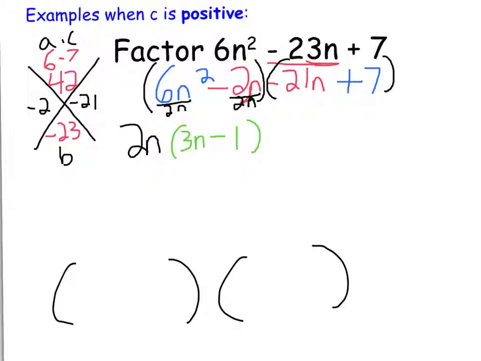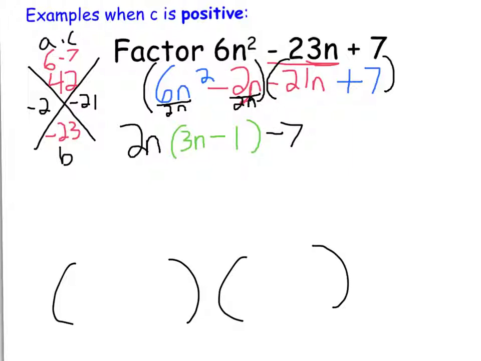Now, here we have something we have to be careful with. Well, what can I divide 7 and 21 by? And the answer there is for sure 7. But look at this. Remember, this parentheses has to match this one. And there's a positive sign here. So what I'm going to do is divide by a negative 7.